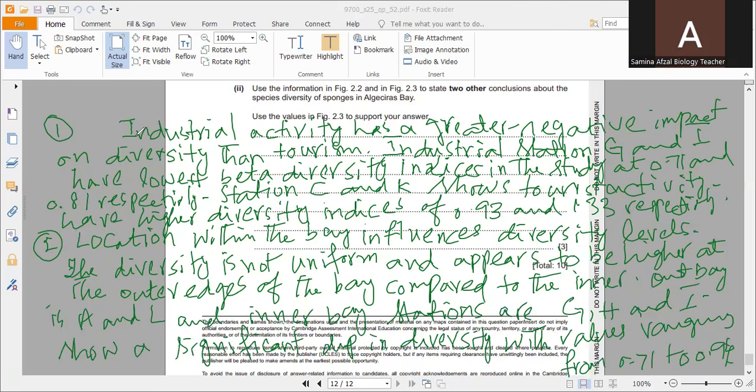So it was all about paper 5, variant 2, May June 2025.